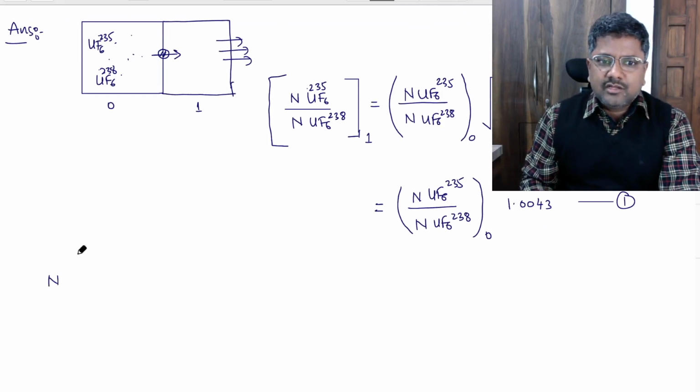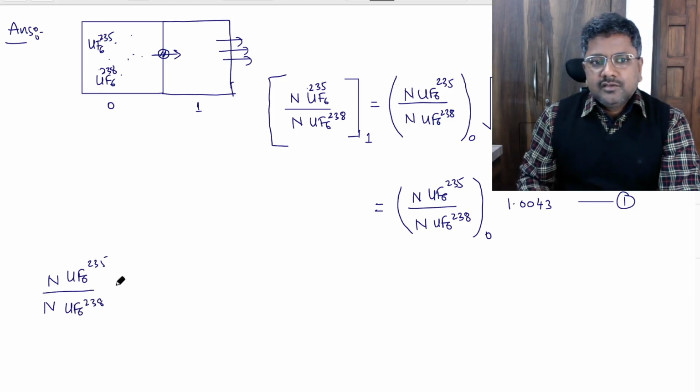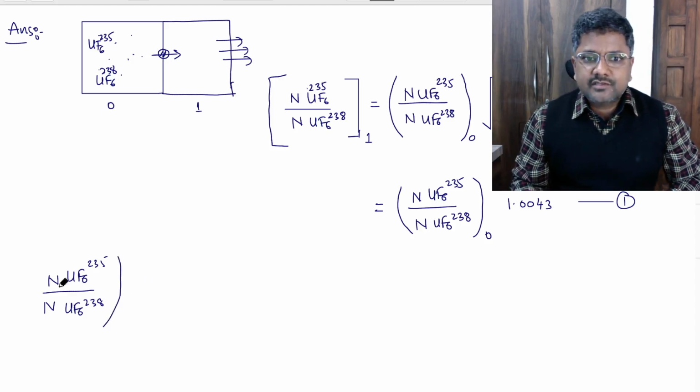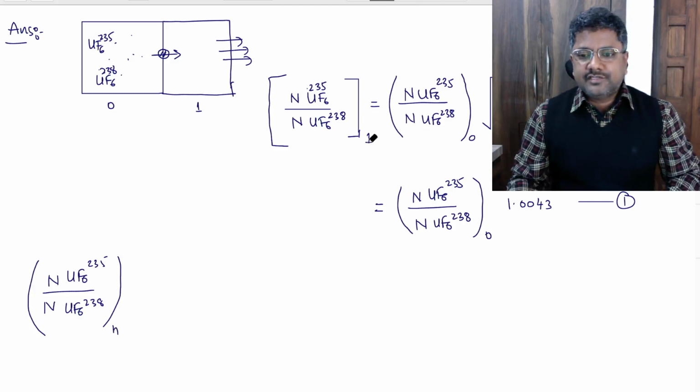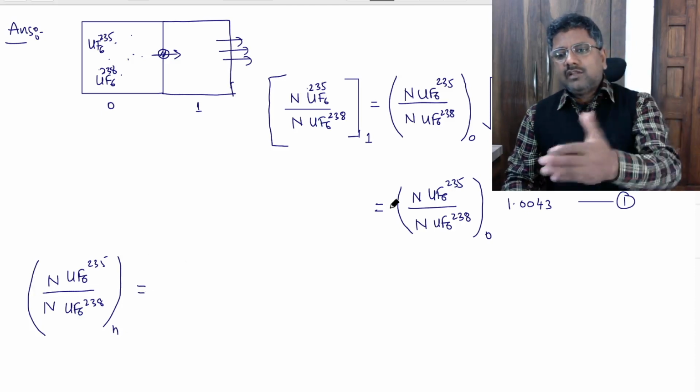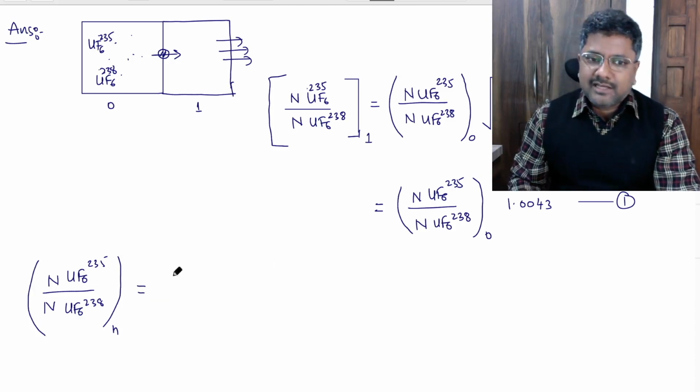The moles of UF6 235 by the moles of UF6 238 is equal to the moles after n stages. This I have written for the first stage. Now after n stages, directly don't calculate one by one. You can directly calculate for the nth stage.